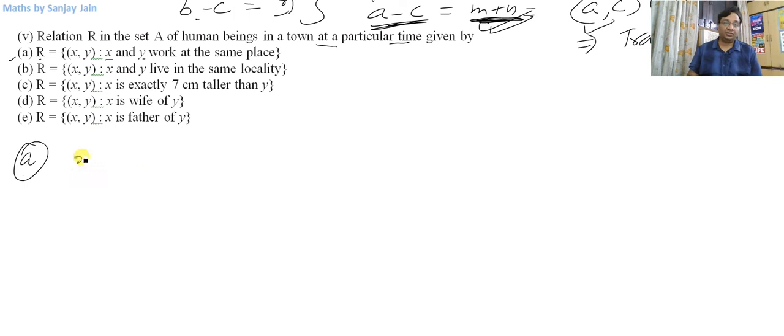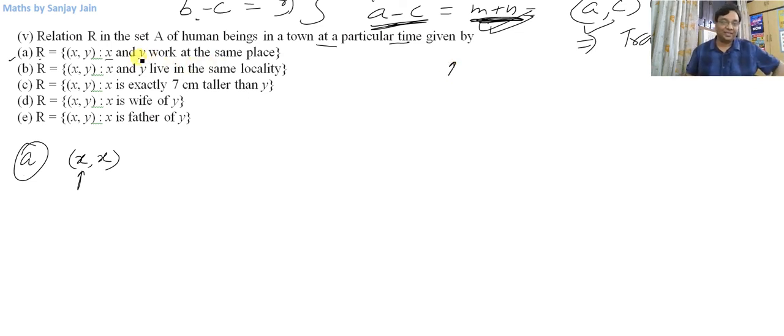So if I ask you, x and y work at the same place, if I say x comma x, whether it is present in the relation or not, everyone works at the same place as himself. This doesn't make any sense if you see it literally, because obviously if you are working at some place, you are working at that place.